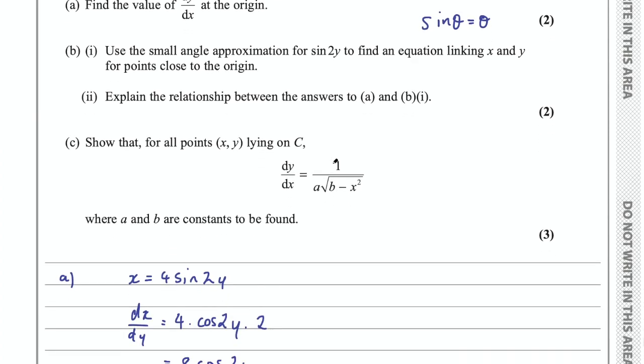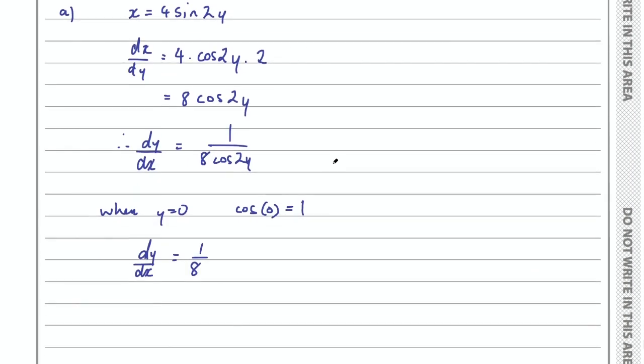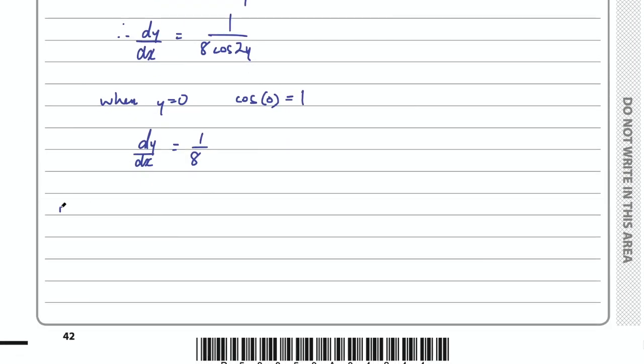So for part B, part 1, firstly, let's start off with this equation. We've got x equal to 4 sine 2y, and we're saying that sine of 2y is approximately 2y for small angles.